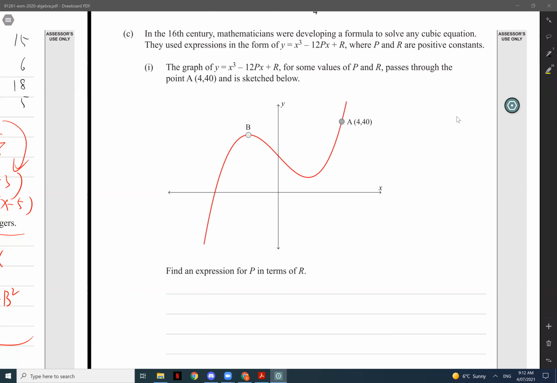What do we do? Just use the information in the question. Find the relation between P and R. Just substitute. Very good. We just substitute: the y value equals 40, the x value equals 4.